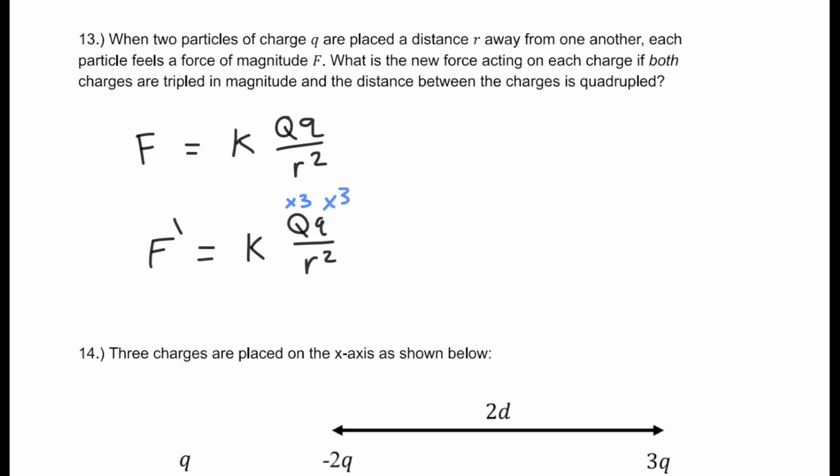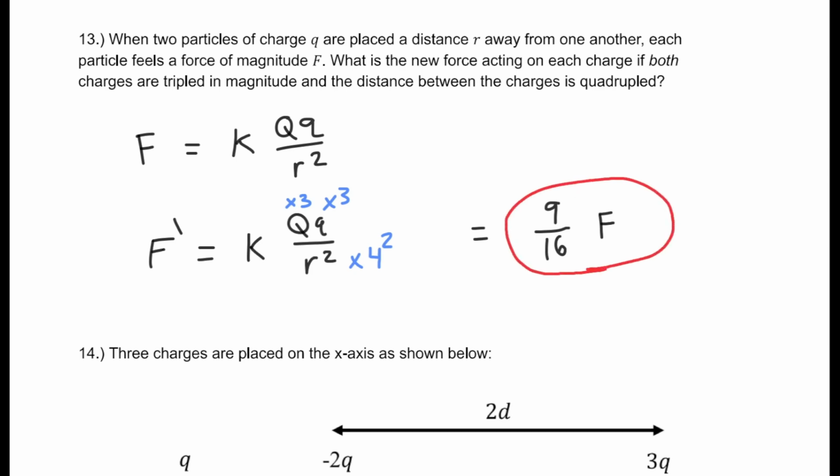And then I also quadrupled the separation, so the separation goes up by 4, but again, I have to apply that square from the denominator. So that leaves my new force as the numerator goes up by 9, but the denominator goes up by 16. So I get 9/16 of the original force F as my answer to this one.